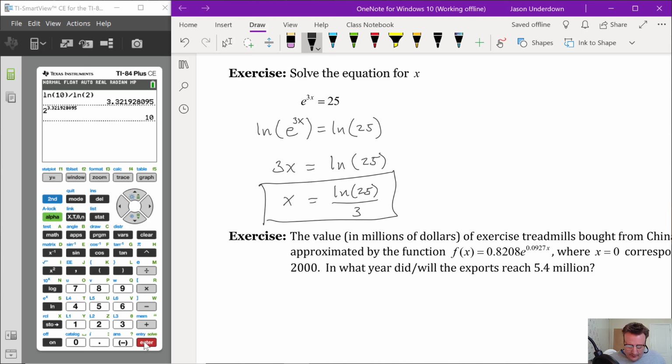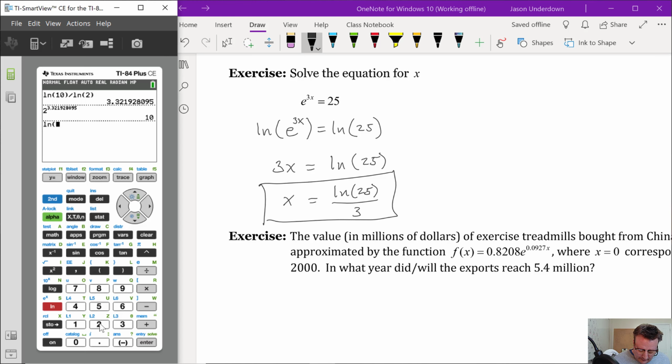Okay, let's just check our work again. Natural log of 25 divided by 3. I get about 1.073. So let's check our work.